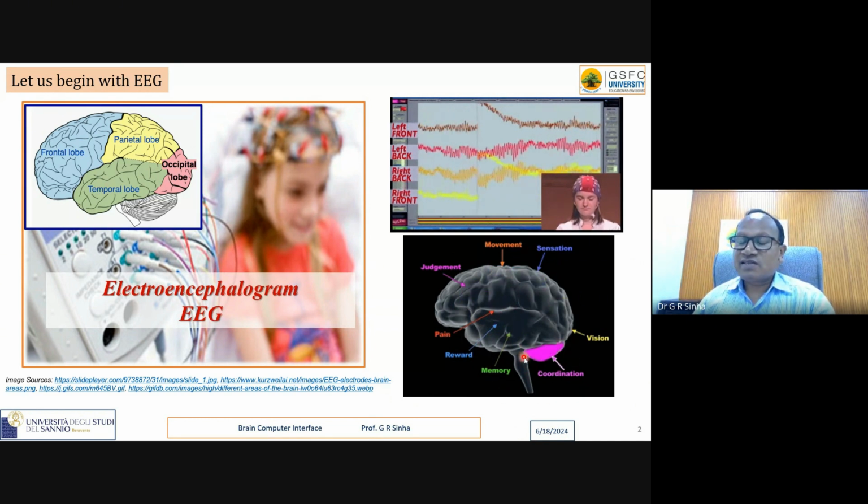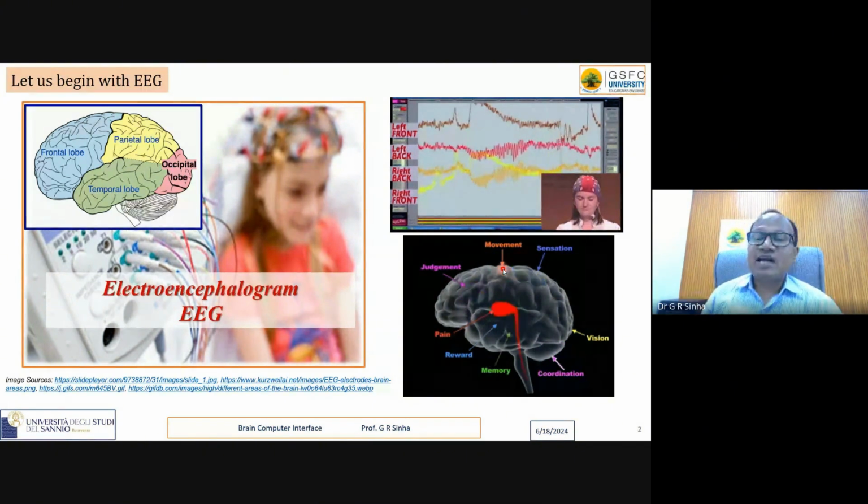The coordination is from this area, and vision is this particular yellow color. Different colors are associated with different functionalities. Look at the sensation here.